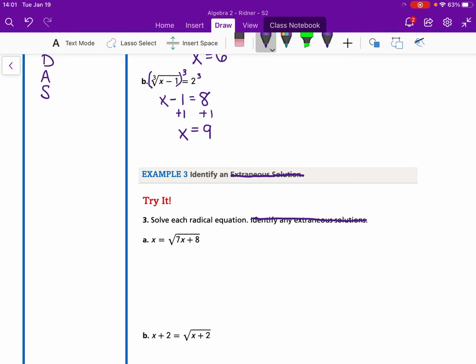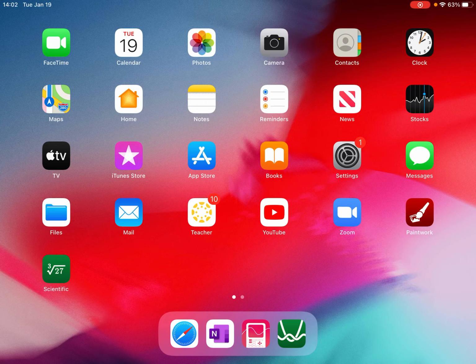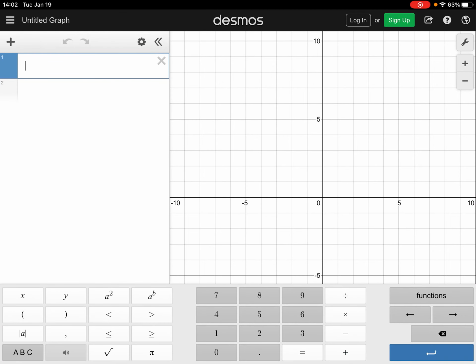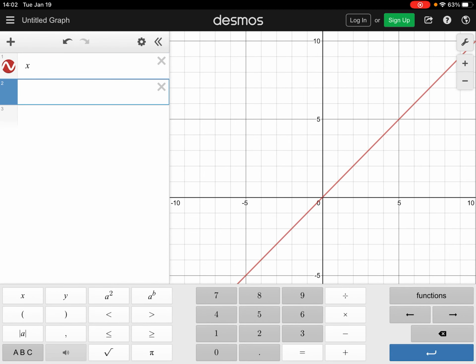So recall last semester, if I split it at the equal sign, I have an expression on the left and an expression on the right. What I'm going to do is in Desmos, I'm going to put the first expression in the first line and the second expression in the next line. And what I want to know is, where do they cross?